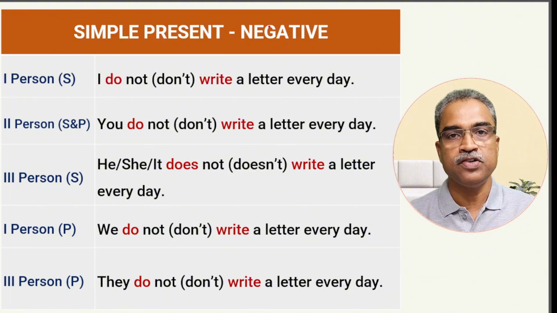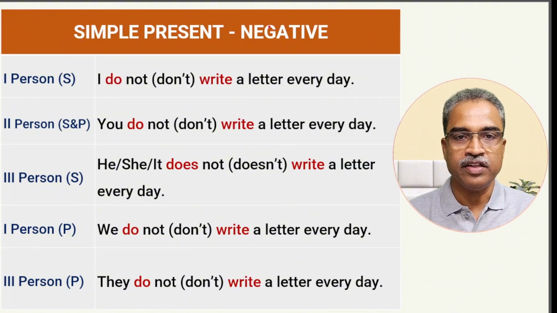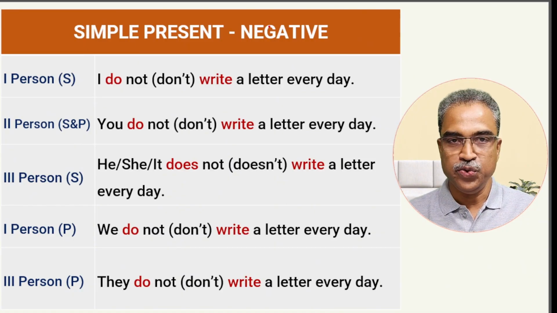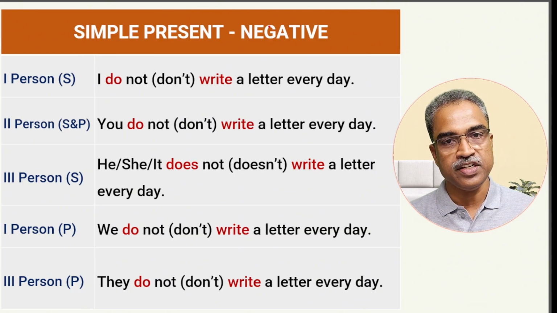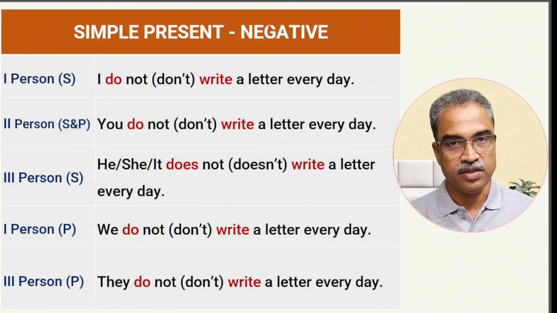Coming to first person plural, we, and third person plural, they. It's the same. I, you, we, they. It's the same form. I write, I do not write. You write, you do not write. He, she, it writes, he, she, it does not write. We and they do not write.